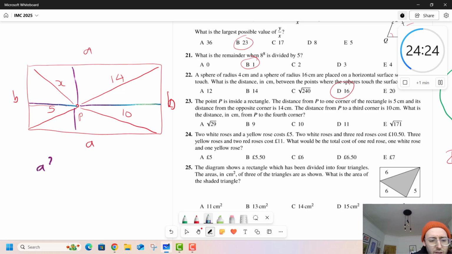Okay. A squared plus B squared equals 19 squared. And then also, wait, that length is 5.